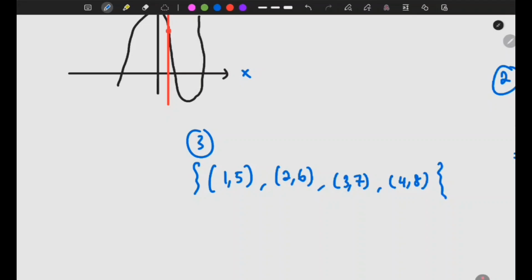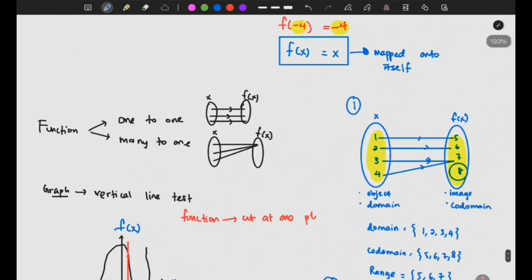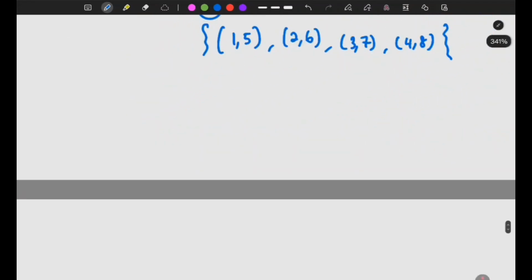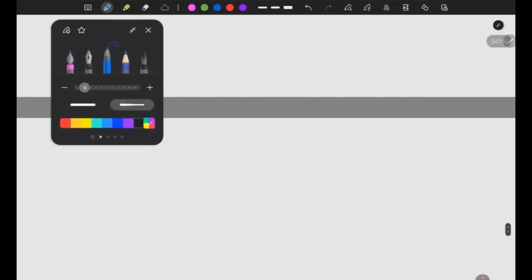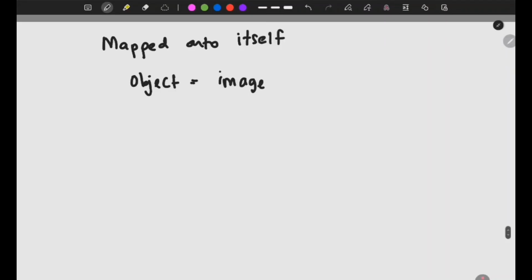Okay, and the map onto itself is the last part that we covered for today, isn't it? So map onto itself, your object is always the same as your image.